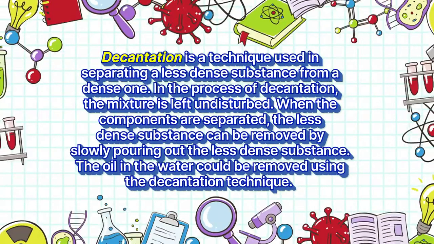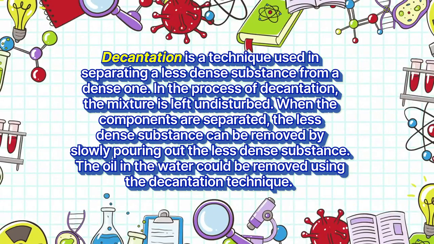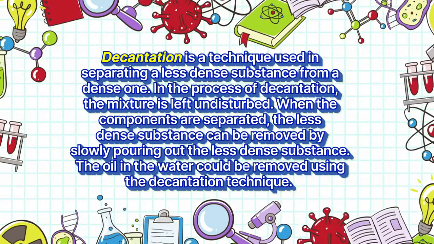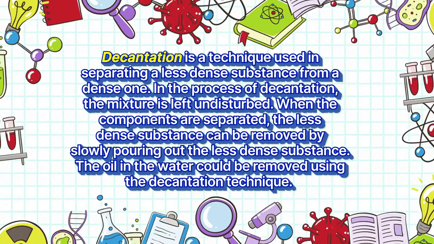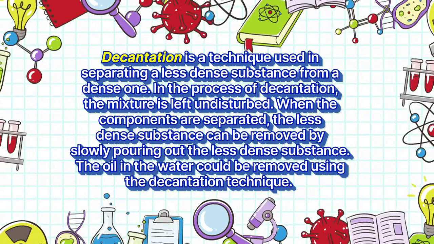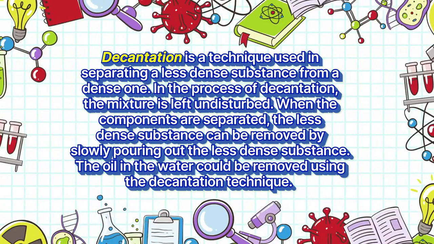Decantation is a technique used in separating a less dense substance from a dense one. In the process of decantation, the mixture is left undisturbed. When the components are separated, the less dense substance can be removed by slowly pouring it out.